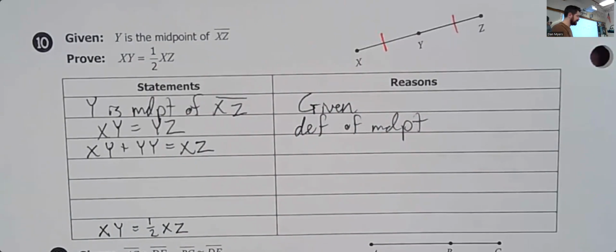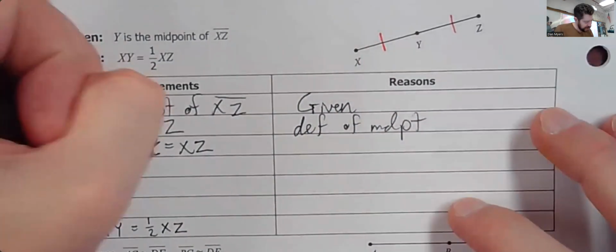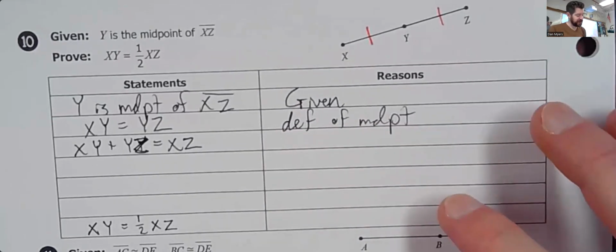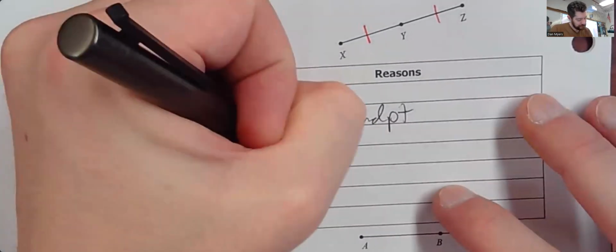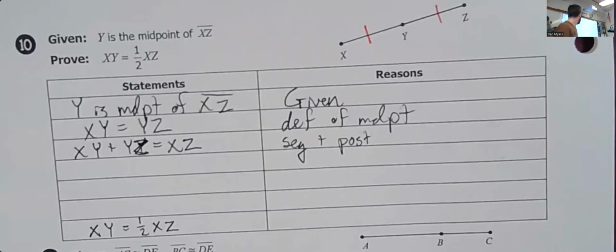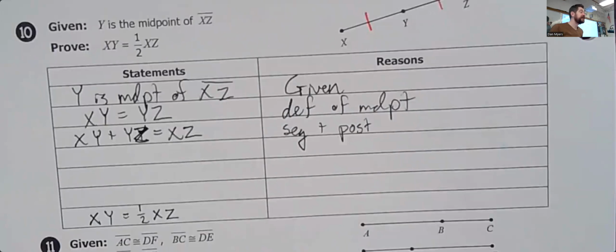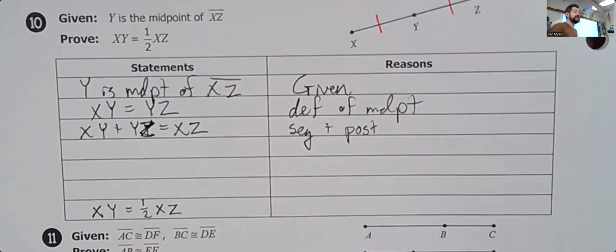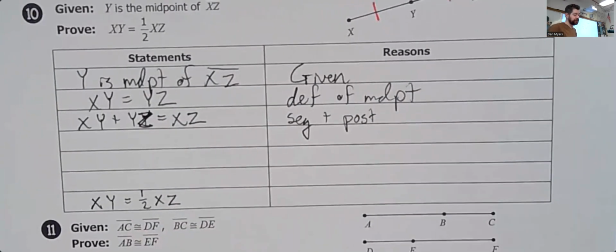That's the segment addition postulate. By the way, sometimes with proofs, you might not actually know what the next step is, but if you can use something related to the diagram, go ahead and try it. See if it works. See if it gets you where you need to go.